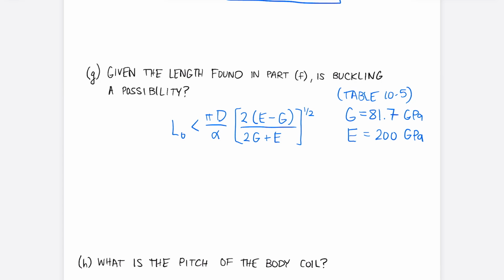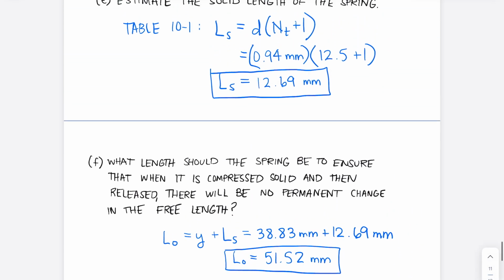We have our mean coil diameter worked out already. The only thing we don't have so far is alpha. If we take a look at Table 10-2 for the end condition constants, we will find that a spring supported between flat parallel plates, so a spring with fixed ends, has a constant of 0.5 for alpha.